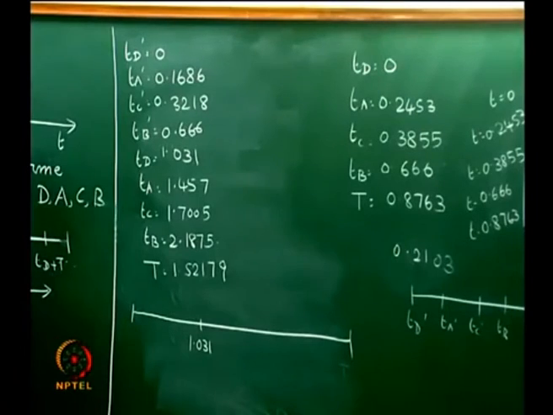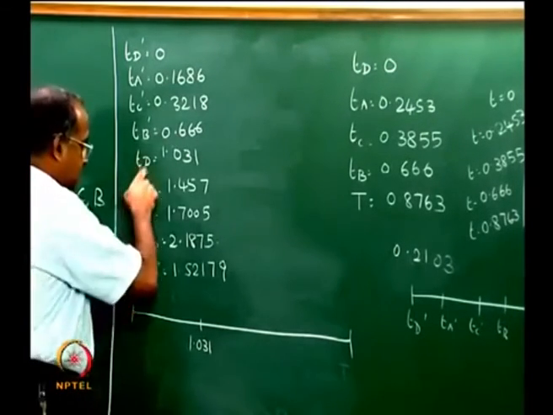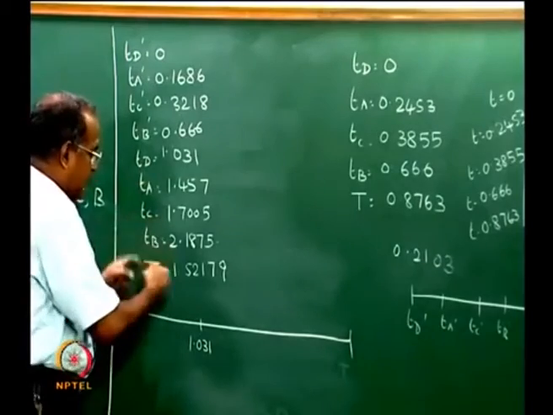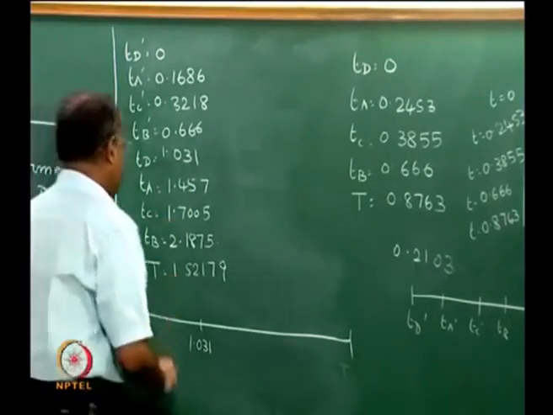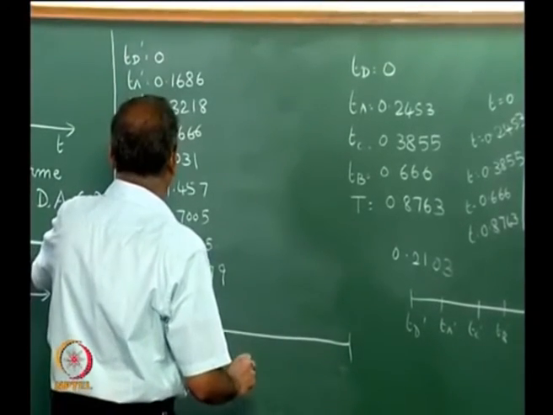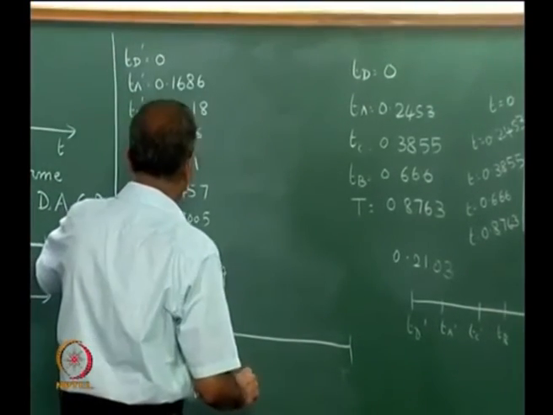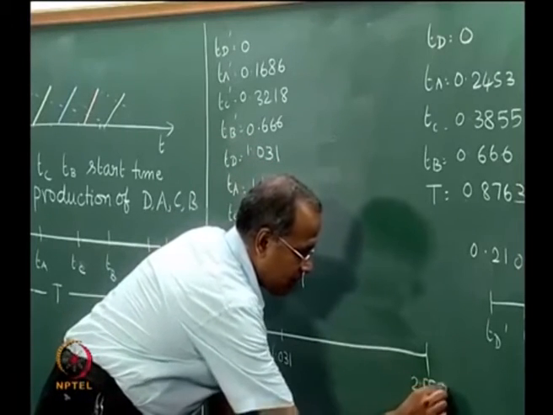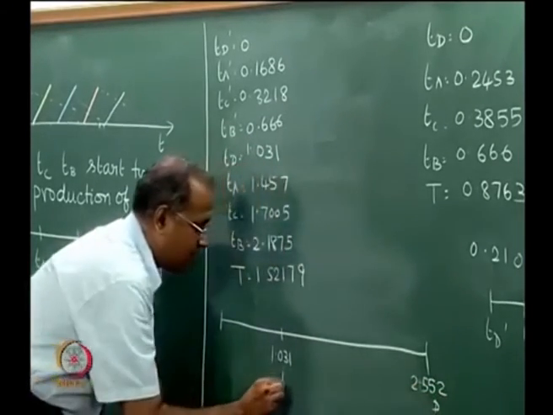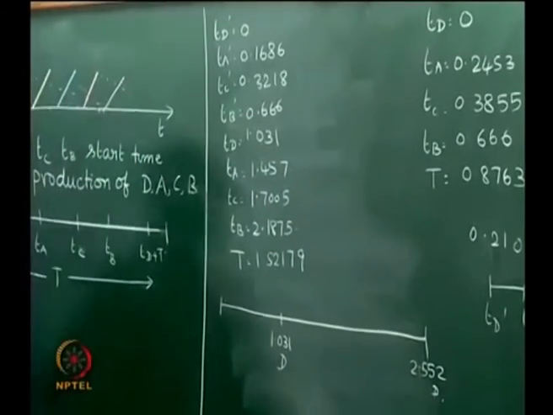That is when the steady cycle begins. Now, D is produced again, the second cycle will be 1.031 plus 1.521, which is roughly 2.552. So, 2.552 D is produced again.